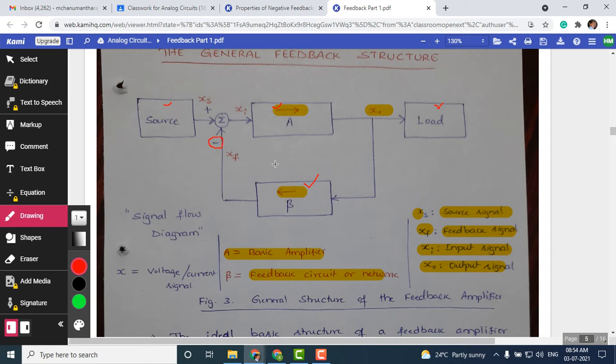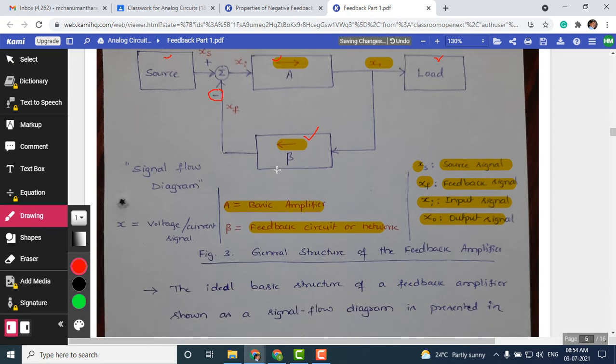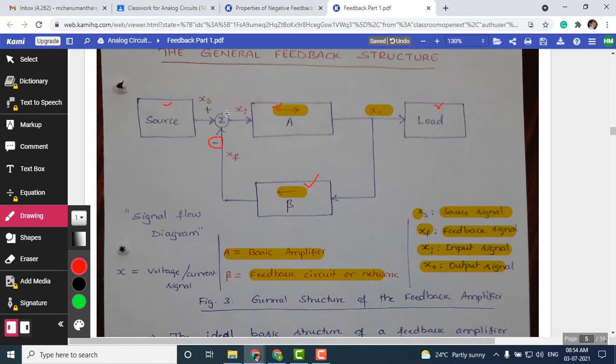There is a negative sign here for the negative feedback amplifier, and you should also be aware of all these signals. We have here XS, XI, XF, X0, and also the gains. The basic amplifier gain we have denoted as uppercase A, and beta is the gain of the feedback network, the feedback circuit. This is the general feedback structure.